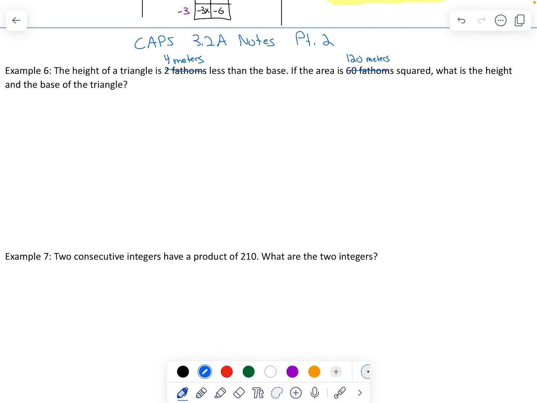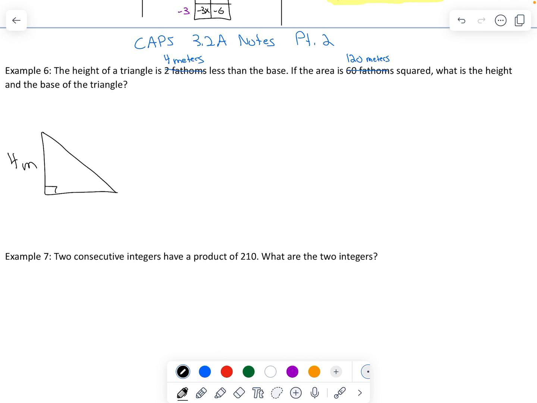So the height of a triangle. Well, hey, I better draw a picture of a triangle. So I'll make it just a standard triangle. Actually, why not? Let's make it a right triangle. We'll make it really simple to look at. And it's 4 meters high.